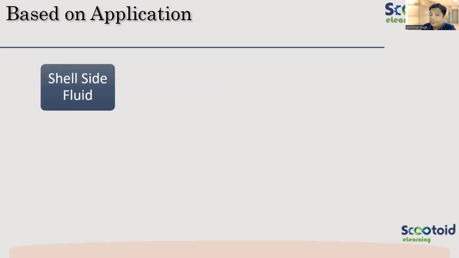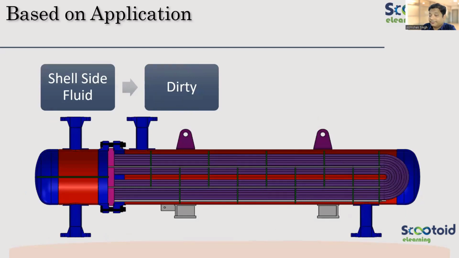Now, if my shell side fluid is dirty, can I have this kind of heat exchanger? Can you just name it first? What is the type? BU. Absolutely right. Now you guys are bang on and very quick. Good, I really like that. So can I have this now? If my shell side fluid is dirty and I'm having a U-tube bundle, will it be suitable?